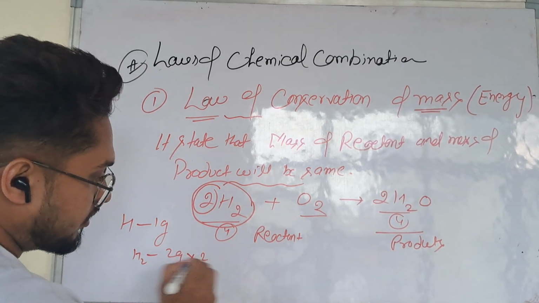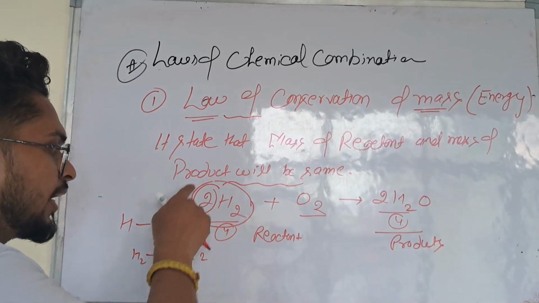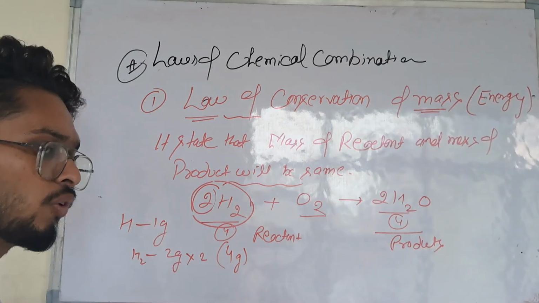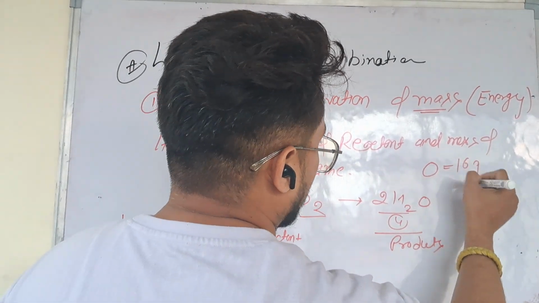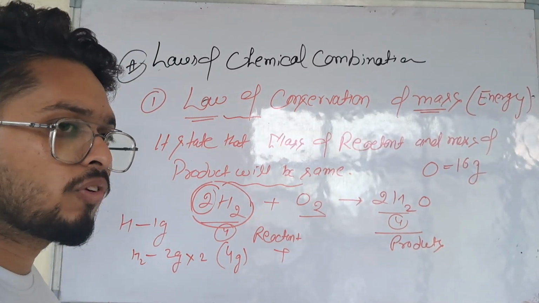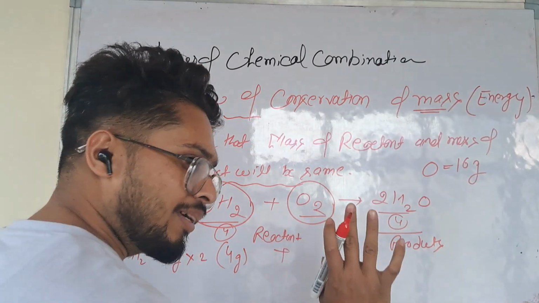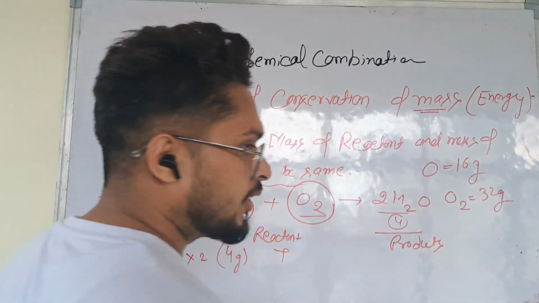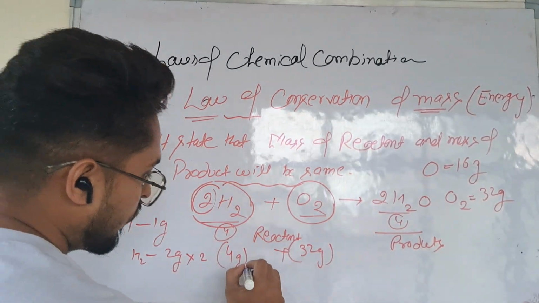The total mass is 2 into 2, that is 4. Mass of 1 oxygen atom is 16 gram. Here oxygen has 2 atoms, it means O2 has mass 32 gram. So now adding 32 gram.